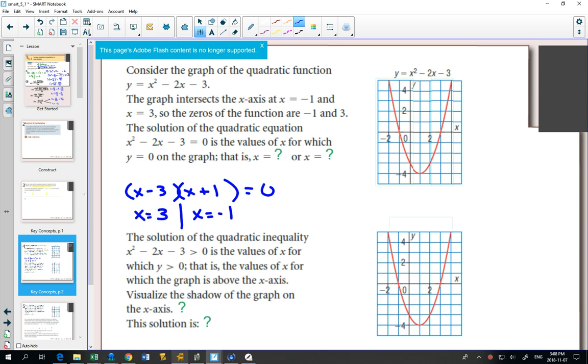You would get x equals 3 and x equals negative 1 as our answer. And factoring would probably be the easiest way to solve for that one.